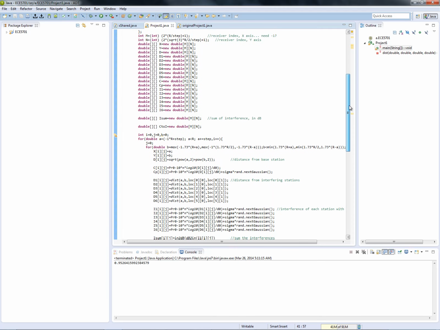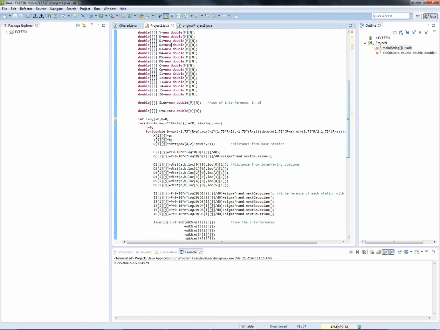And I added variables for each of the different neighboring base stations using the same frequency. I added a sum of the interferences, and I added a C to I array for that result.